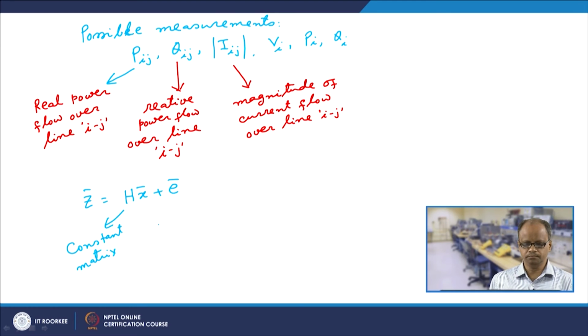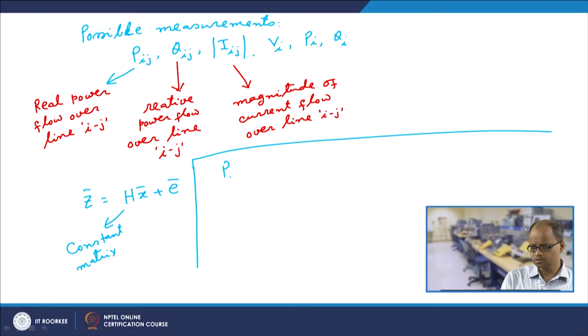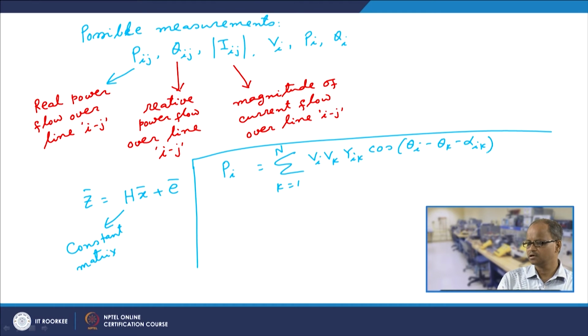But what happens in the case of power system state estimation? For example, if we look at the expressions of Pi and Qi. Pi is simply the sum over k equal to 1 to n of Vi Vk Yik cos(theta i minus theta k minus alpha ik).